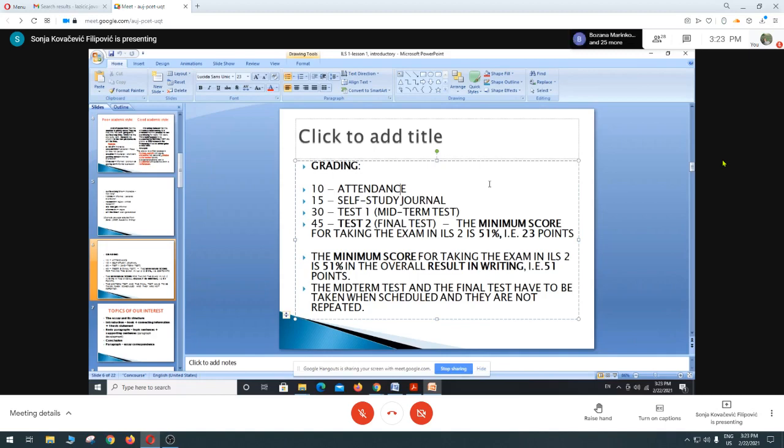It gets you maximally 30 points, okay? And it's going to be somewhere, we'll see, April probably. And the final test, or test 2, you can get 45 points. The minimum score for taking the exam in integrated language skills is 51%. That is 23 points. Now, this is important.